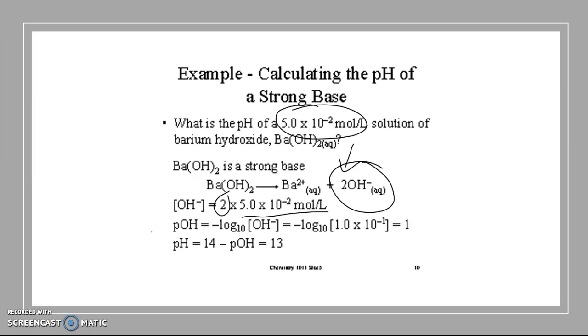And then you apply the formula: pOH is minus log of the concentration of OH, and you get that the pOH is 1. If pOH is 1, applying this identity, you can get that the pH is 13.